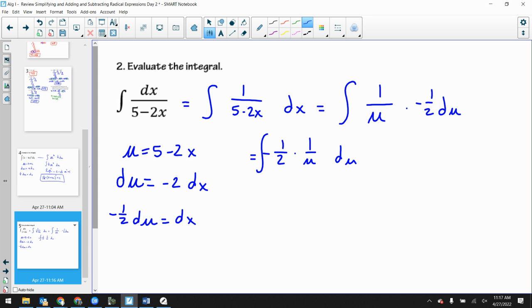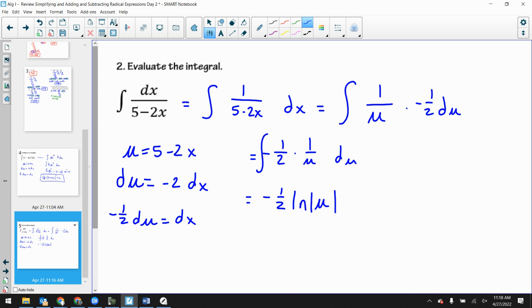I'm leaving it like this because now when I take the antiderivative, what happens to 1 over u? Ln of x, or ln of u, excuse me, ln of u. So this is equivalent to saying negative 1/2 ln of u. I should say absolute value of u.